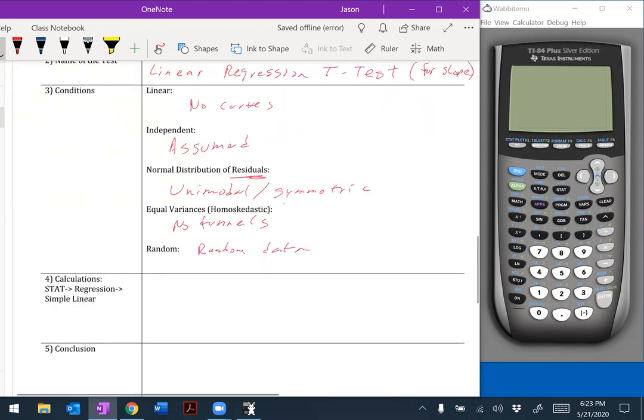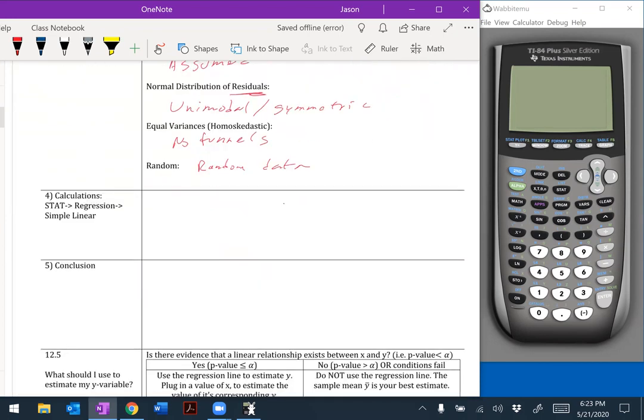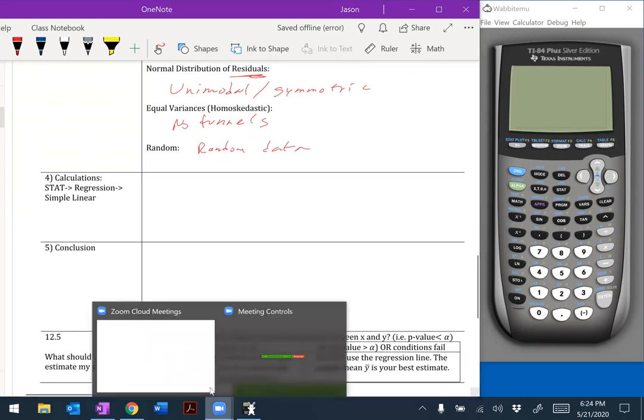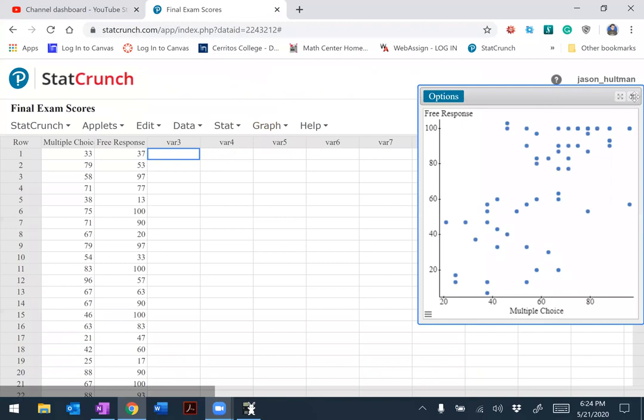Okay, so we want to do our calculations on this. So let's go back here to the data set. I'm going to close this out real quick.